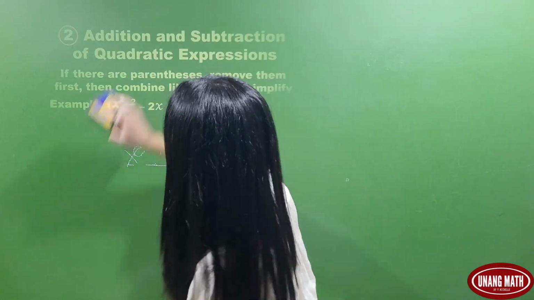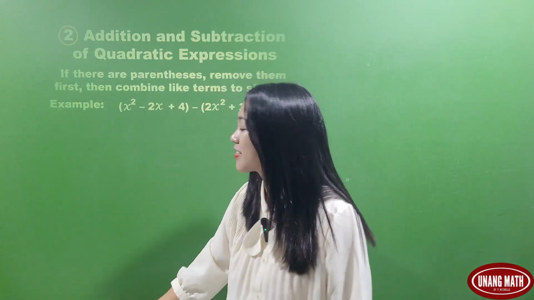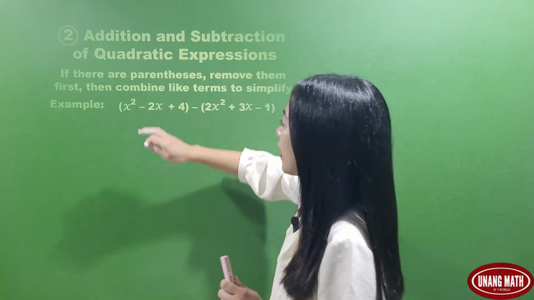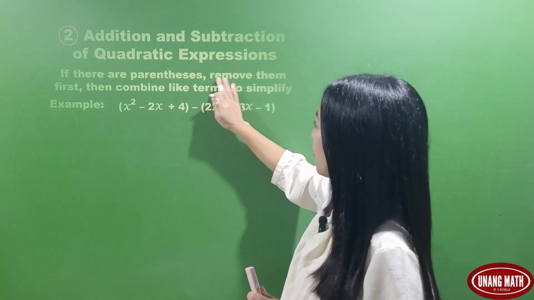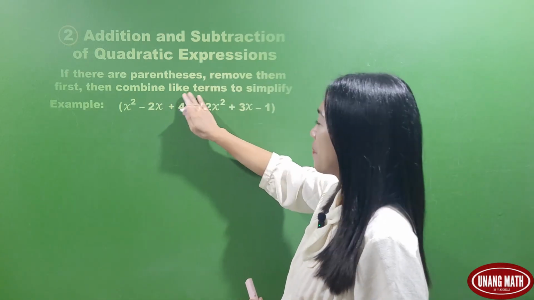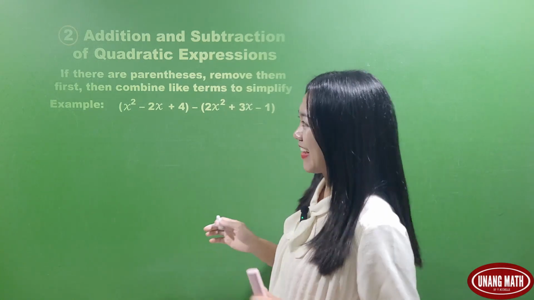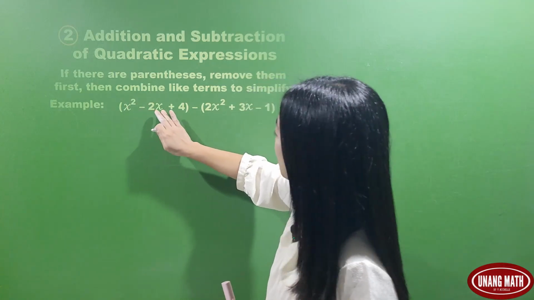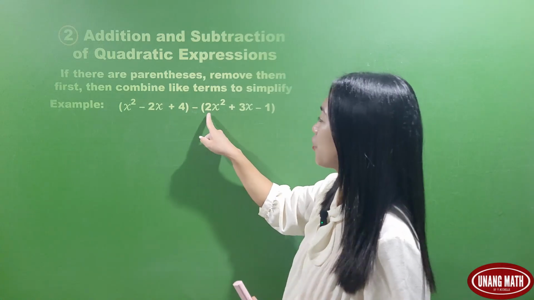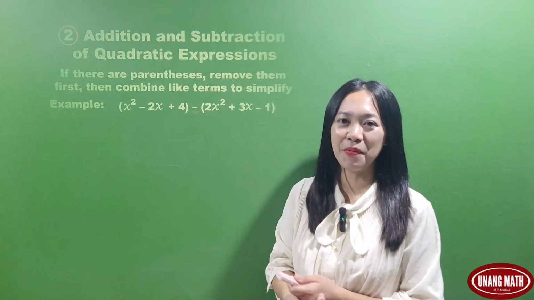Okay, this time, we will be adding and subtracting quadratic expressions. Just like adding and subtracting linear expressions, if there are parentheses, we have to remove those parentheses first, then we will be combining like terms to simplify the expression. Example: x squared minus 2x plus 4 inside the parentheses, minus this expression, 2x squared plus 3x minus 1, also inside the parentheses.